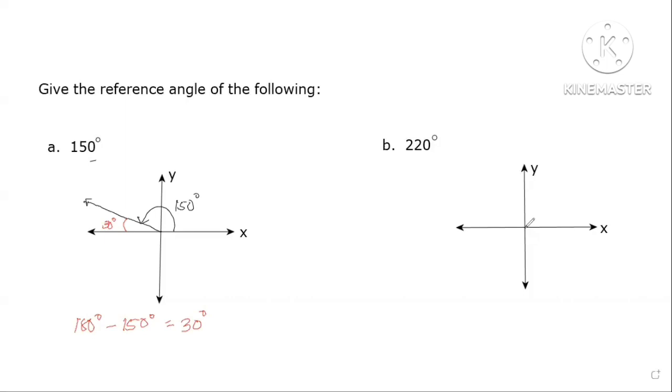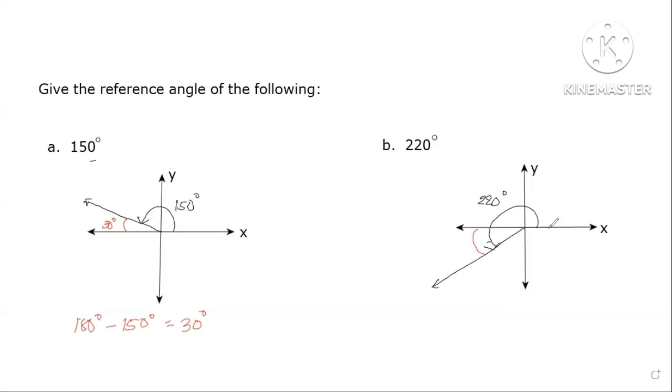Now let's go to letter B, 220 degrees. So let us construct 220, and 220 is somewhere in the third quadrant, diba? So that is 220, that is 180 plus 40. Now, again, where is the reference angle? Sabi natin, that is the positive acute angle made by the terminal with the x-axis. So, nasaan po? Ayan po ang reference angle. Okay?